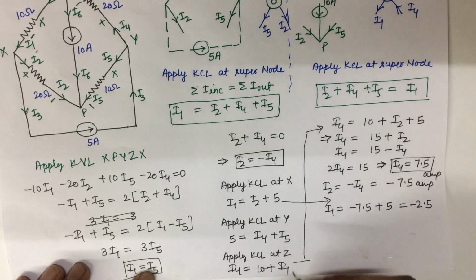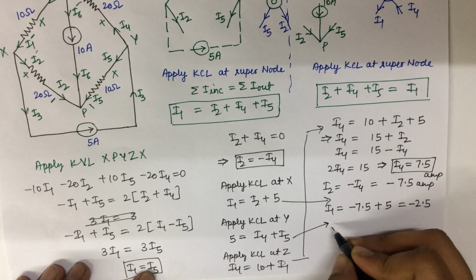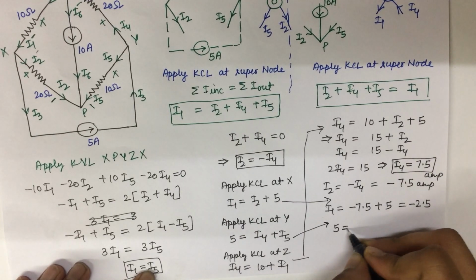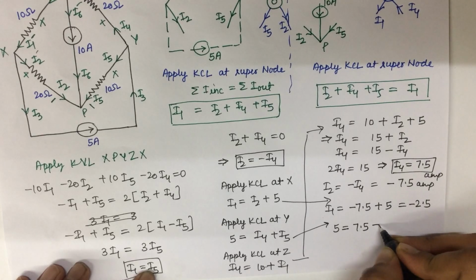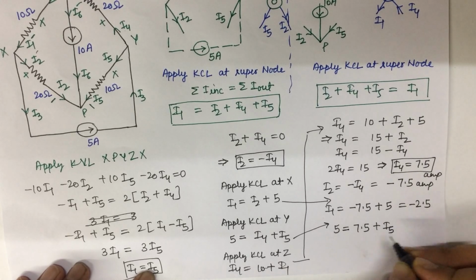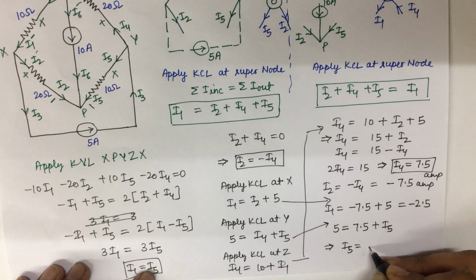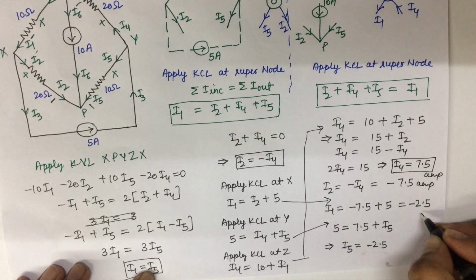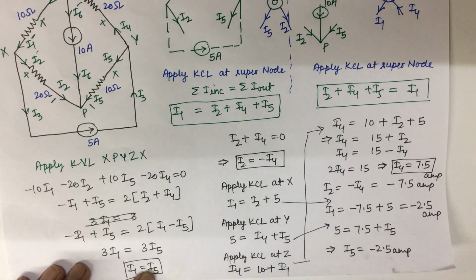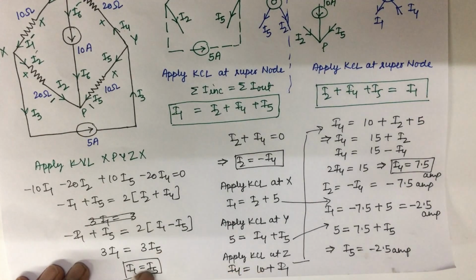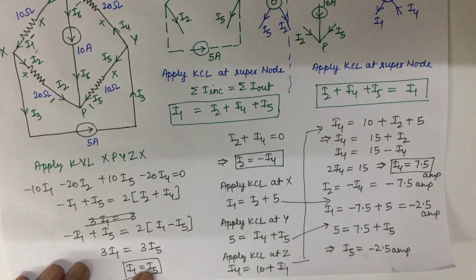Similarly, from this equation, 5 is equal to I4 plus I5. What is the value of I4? 7.5 plus I5. In this way, I5 is equal to minus 2.5 ampere. In the question, we have to find the current in the 10 ohm resistances, that will be I1 and I5.